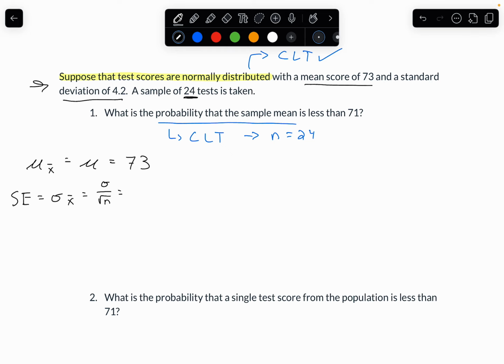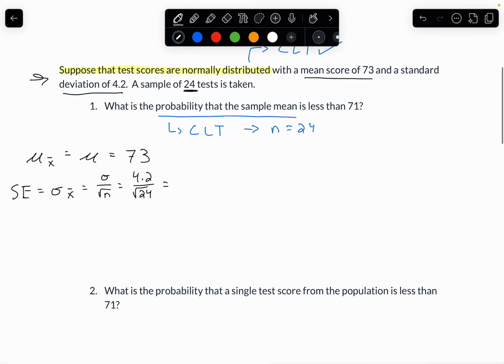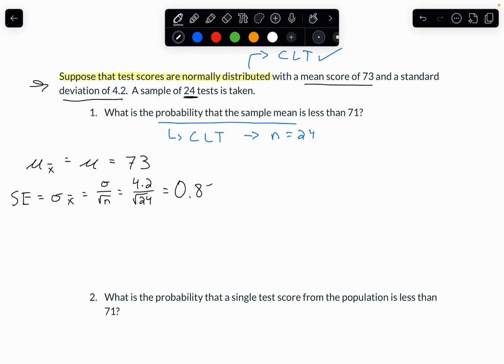So my standard deviation was 4.2 divided by the square root of 24. Grabbing my calculator, 4.2 divided by square root of 24, I ended up with 0.8573. I'm going to give all 4 decimal places just in case I need them.